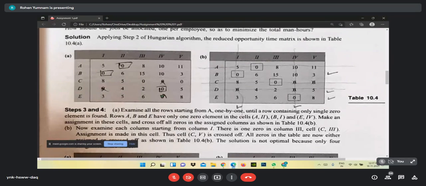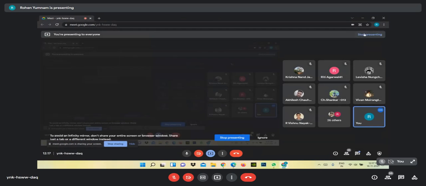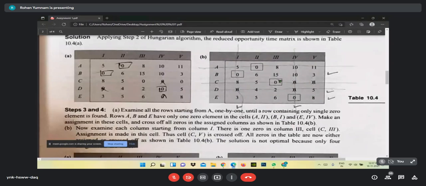And then lastly, there are 2 zeros. Out of these, you can take any one as assigned, the other will be cancelled. And in that way, this is what assignment is made. We made the assignment here, this will be crossed.